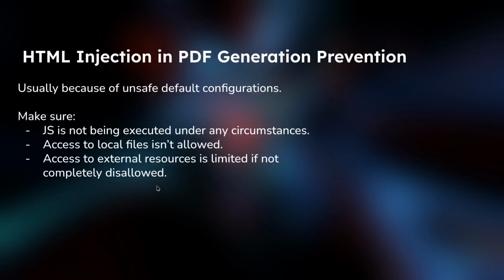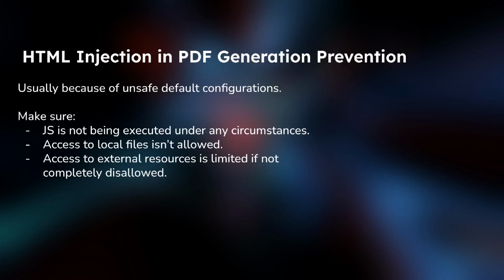All right, so again, if you want to prevent HTML injection in PDF generation, this usually happens because the default config for these PDF generation libraries or tools isn't really secure out of the box. You'll want to look through the documentation of whatever library or tool you're using and configure whatever relevant settings are needed. Of course, these all stem from user input not being properly sanitized.